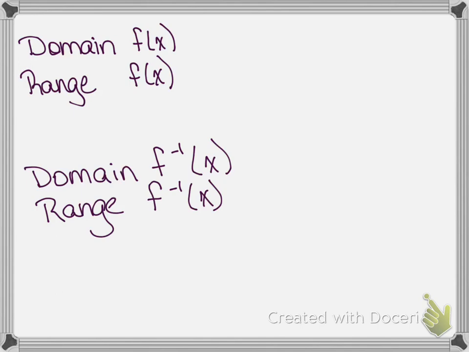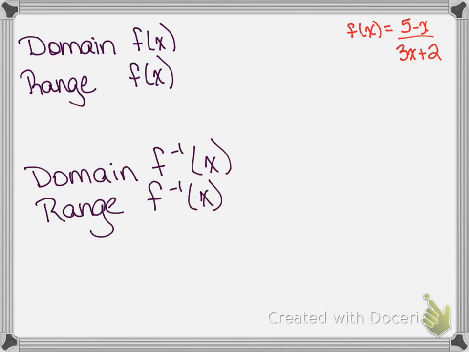So, f of x is equal to 5 minus x over 3x plus 2. So if I want to find the domain of f of x, what do I have to focus on? The denominator.